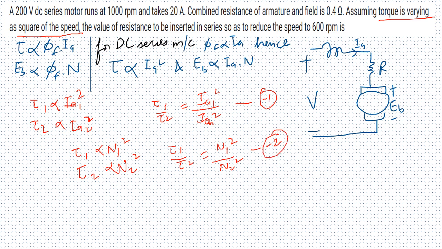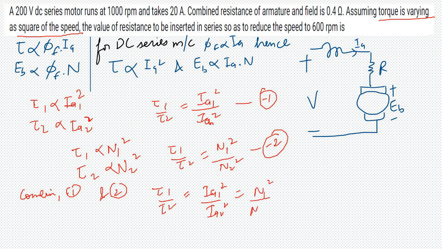Now we can equate 1 and 2, combining them: tau 1 over tau 2 is equal to IA1 squared over IA2 squared, which is equal to n1 squared over n2 squared.